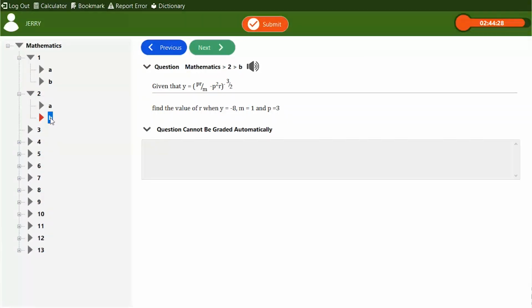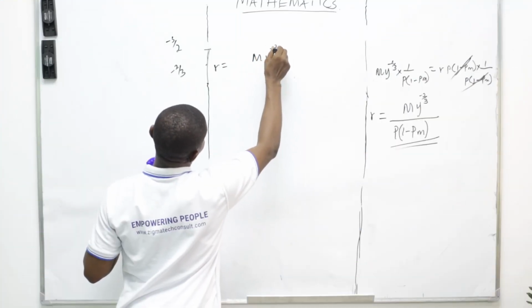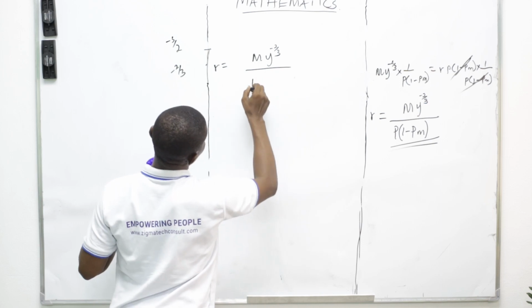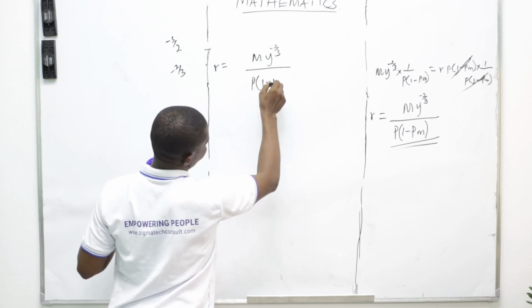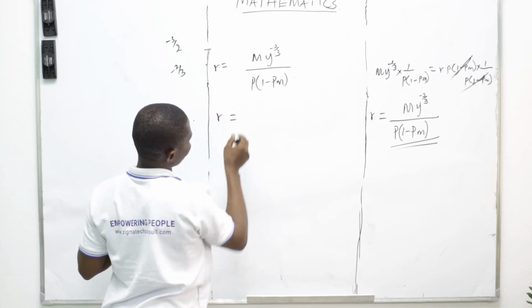You already have a solution, so you are not starting all over again. All you do, recall that r equals m y raised to the power minus 2 over 3 all over p into 1 minus pm.